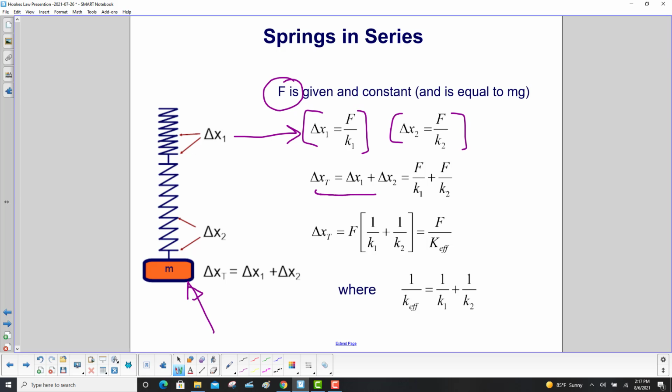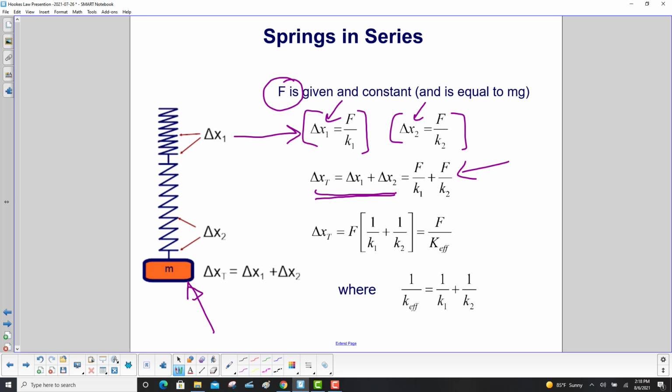Then the total displacement is the displacement of each spring, so that's delta x1 plus delta x2. Substitute in the values for delta x2 and delta x1. And since F is a constant, we factor it out. We get delta x total is equal to F times 1 over k1 plus 1 over k2. And we'll replace that, the 1 over k1 plus 1 over k2, with k effective.